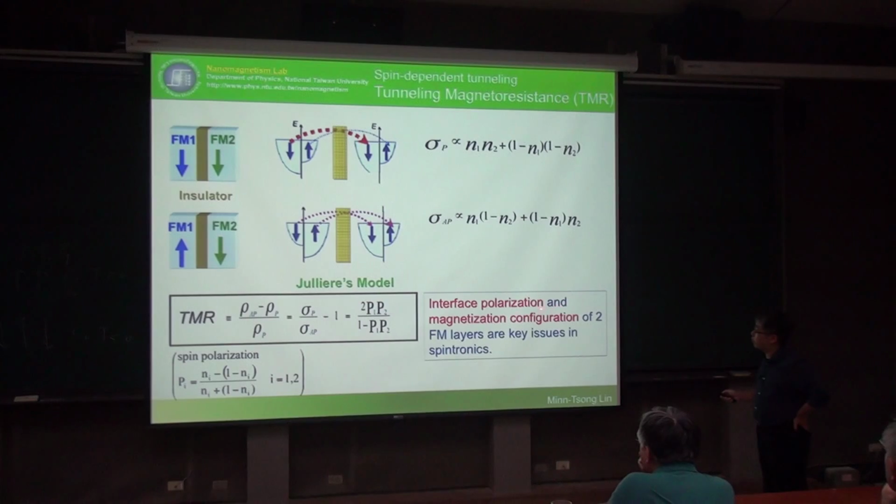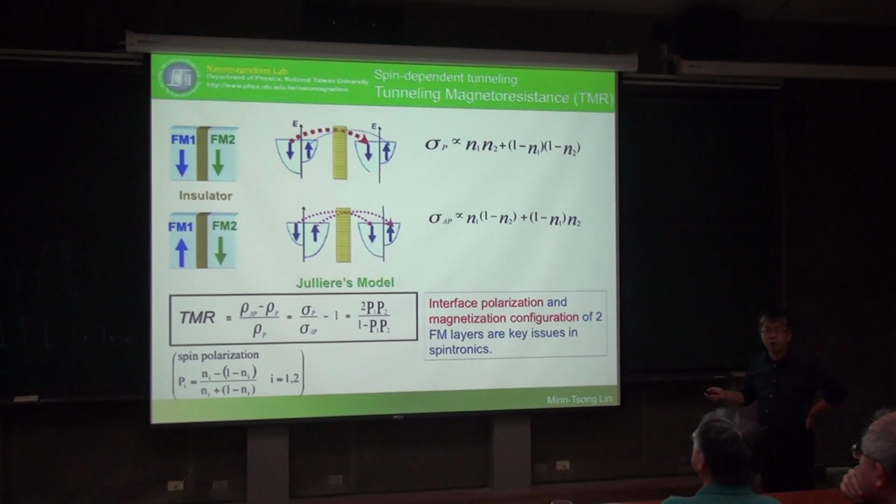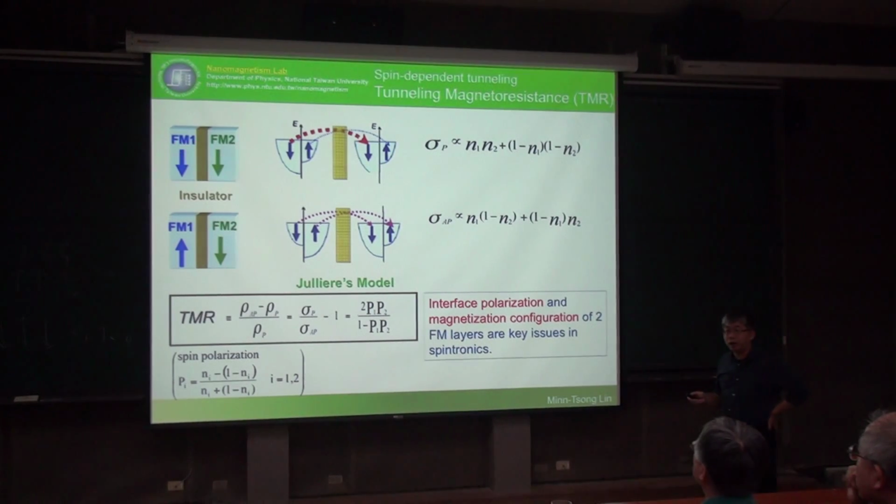Basically, the interface correlation of the magnetization configuration will determine the resistance of such a device. Because this is tunneling, this should be an insulator. So about 2 nanometers of aluminum oxide or MgO is usually used in such material. So basically 2 nanometers, which enhances the difficulty.